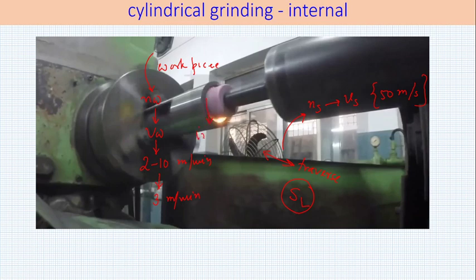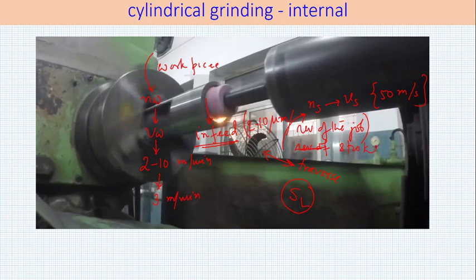So the infeed was there, and this infeed is around 2 to 10 micron per revolution of the job.